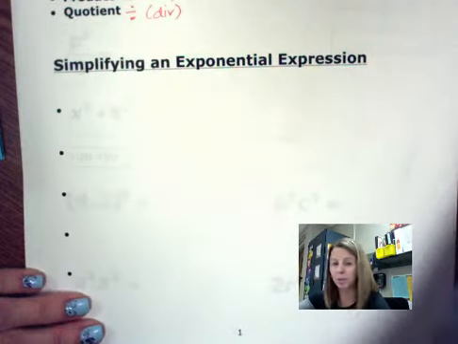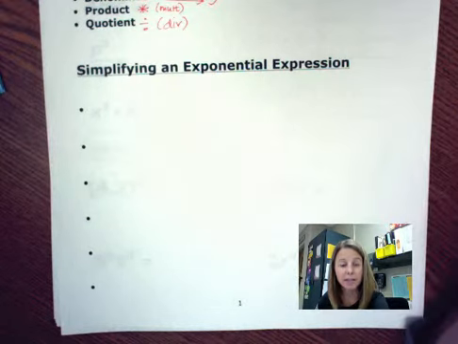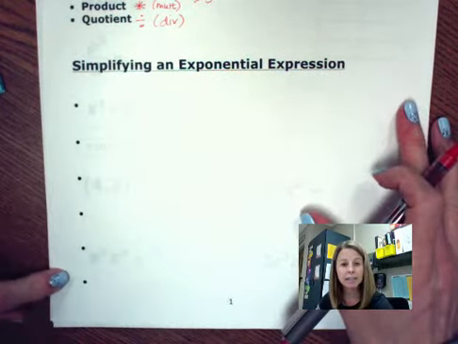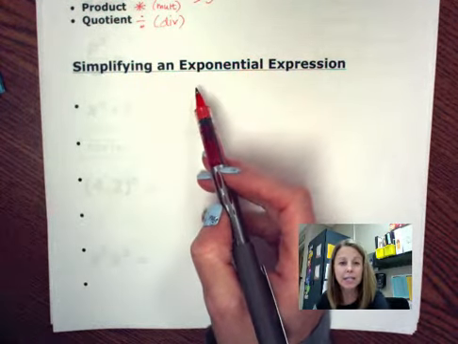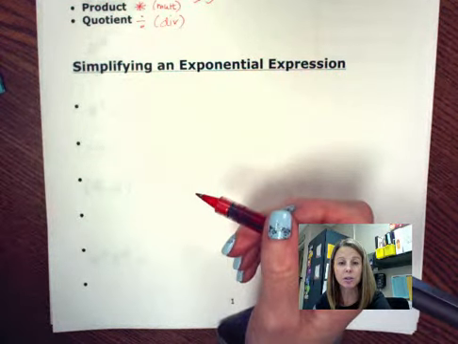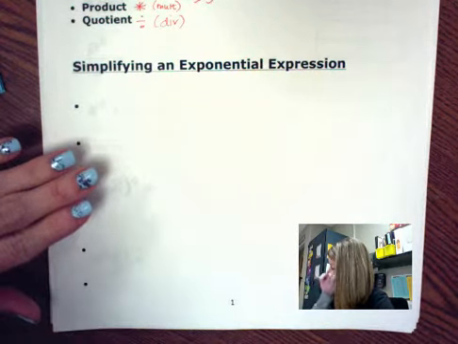Another really important part of exponents is it's all about simplifying them down to a more usable format. So there are 6 items here when you're simplifying, and I'm trying to guide you so that you know when you're done, because oftentimes I find students aren't really sure what they need to do. So we're going to make a list here.